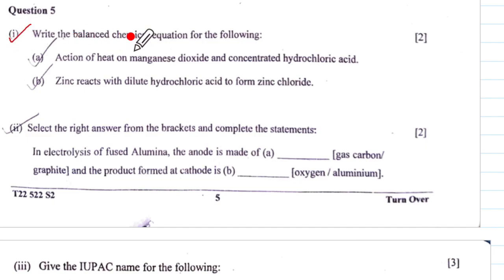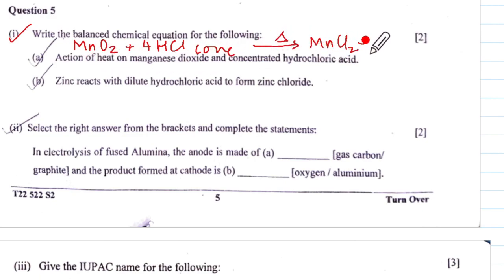The first one will be write the balanced chemical equation for the following. The balanced chemical equation, action of heat on manganese dioxide, means it is going to be your MnO2 plus concentrated hydrochloric acid, which will have 4 HCl concentrated, and that with heating gives us MnCl2 plus 2H2O, because the H takes this water, and Cl is left by itself because hydrogen is removed from this HCl.